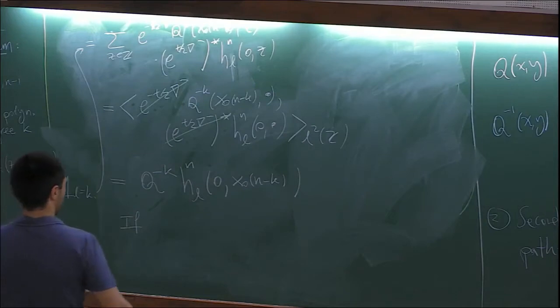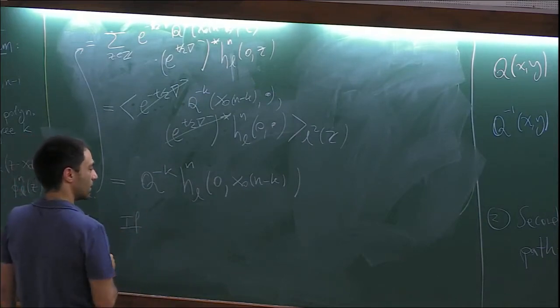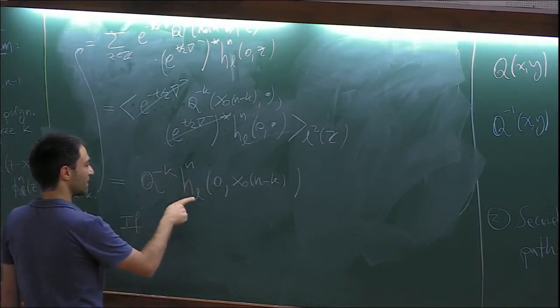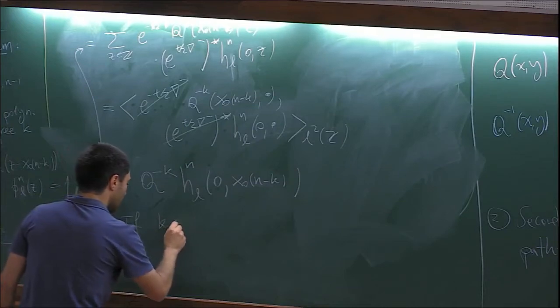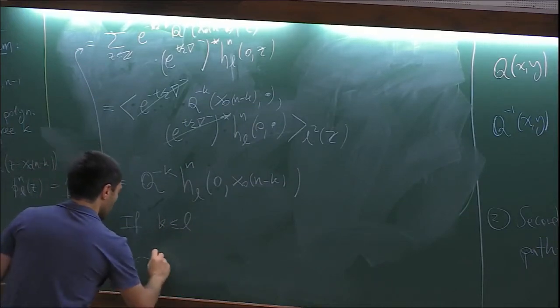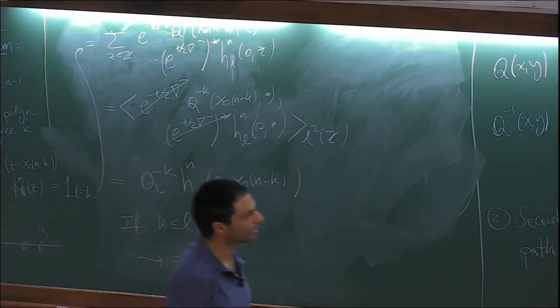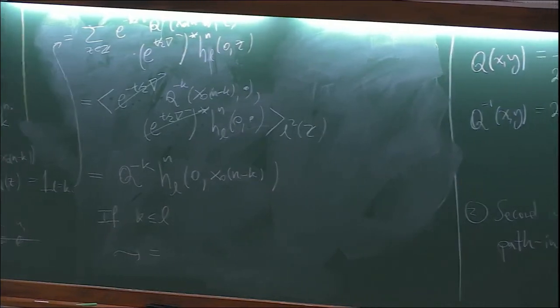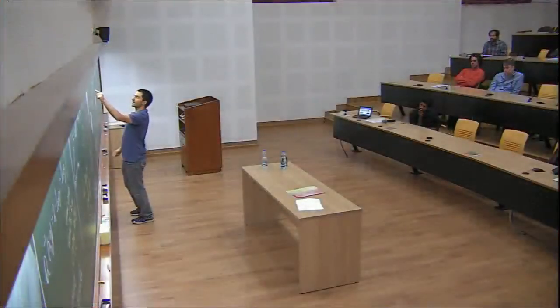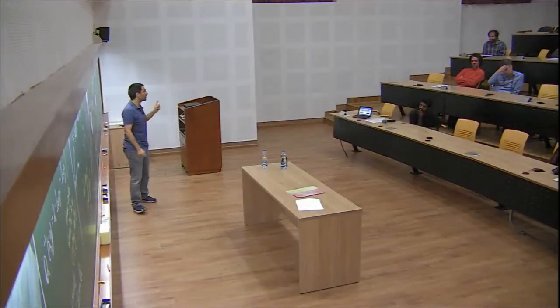So if k is less than or equal to L, then this thing equals, so look, what this problem is doing is that when I operate with Q star inverse, and I am missing a star there, I have to put the star, but when I operate with Q star inverse, I increase this index by 1.